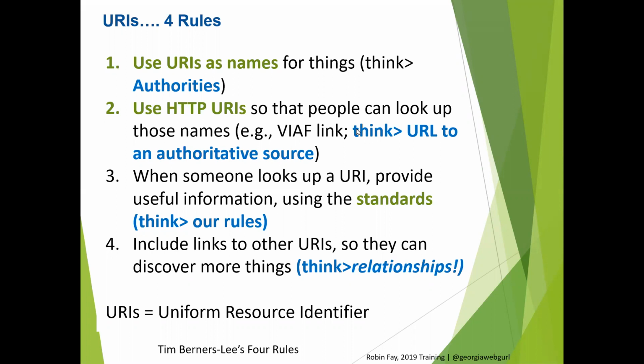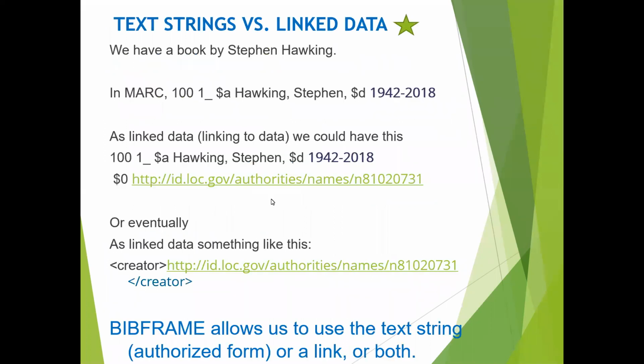Then the second one is use HTTP URIs so that people can look up those names. Now this one we've not been doing much. We're starting to, and this is where we're getting to linked data. For example, you could link to the Virtual International Authority File, or you could link to the Library of Congress name authority file. That link, that's the HTTP, that's it.